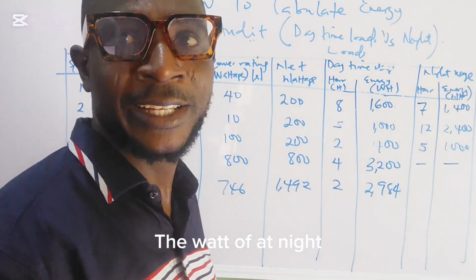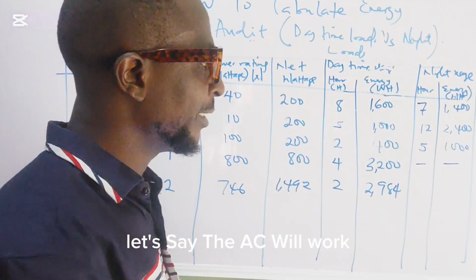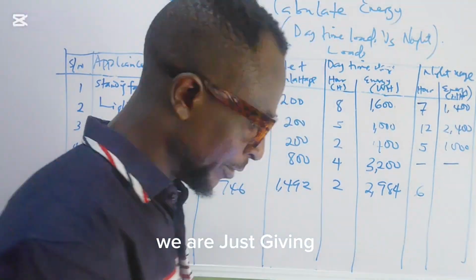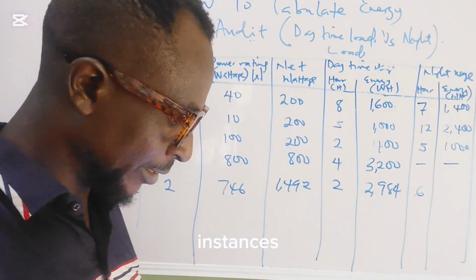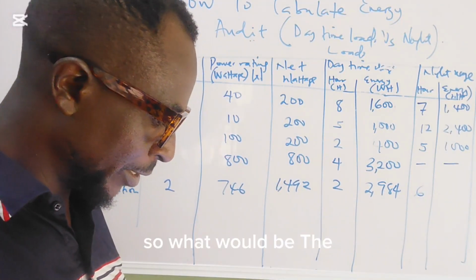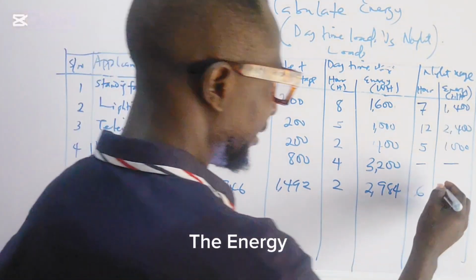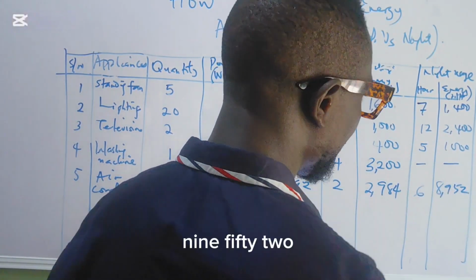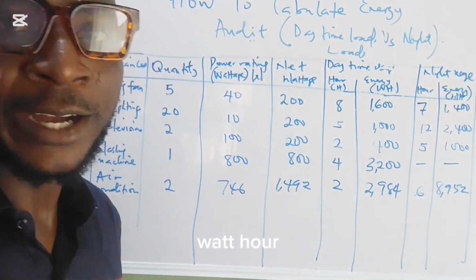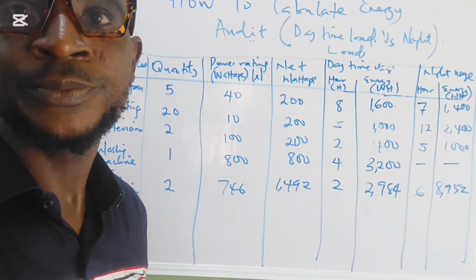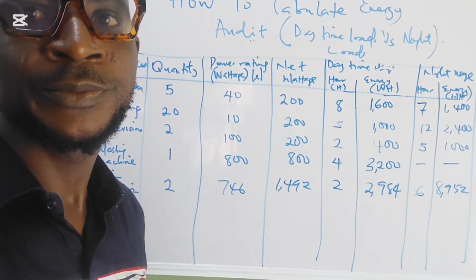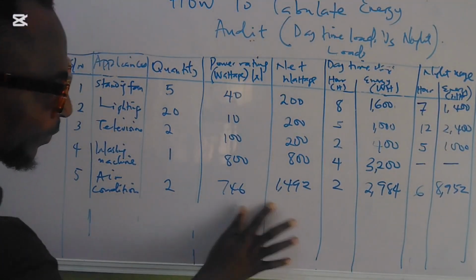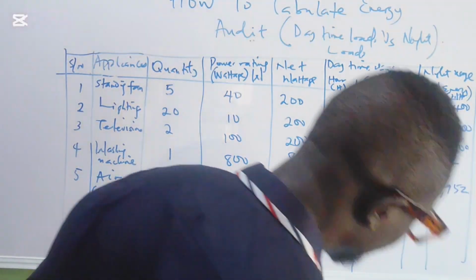Then what about at night? Let's say the AC will work 6 hours. We are just giving instances. So what would be the energy? That is 8,952 watt hour. So we can end it here. We are just giving examples.